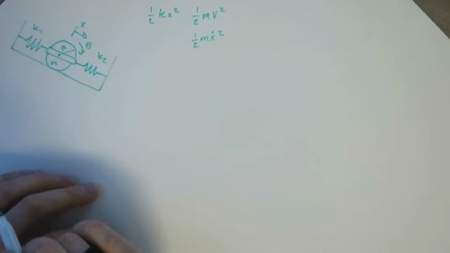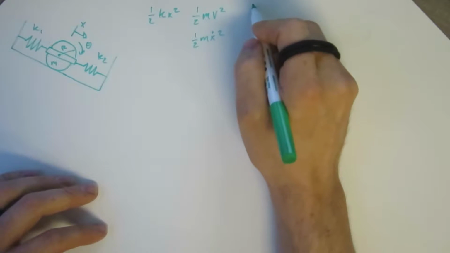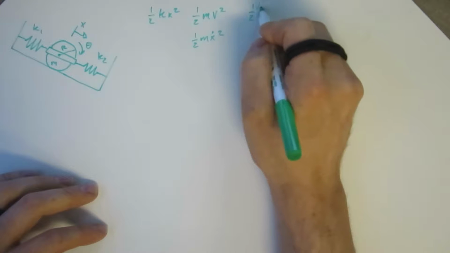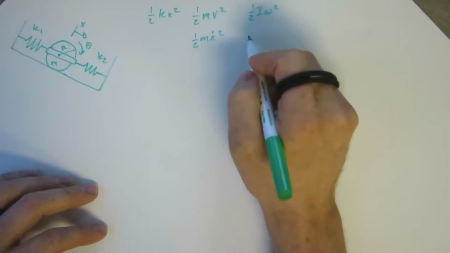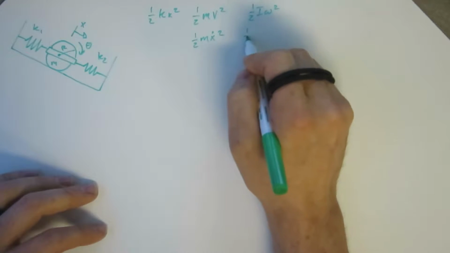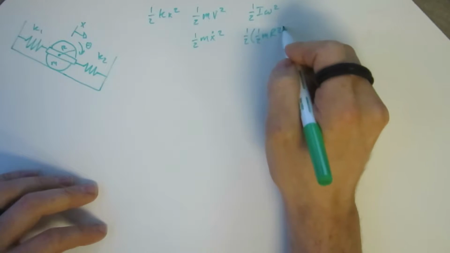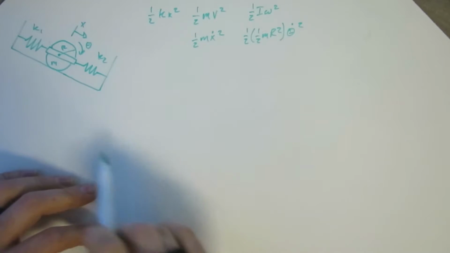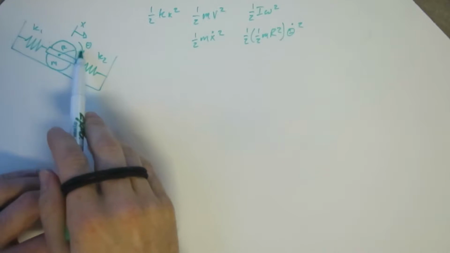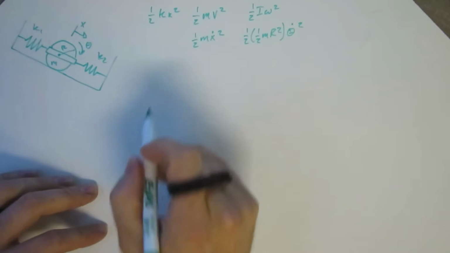And then the energy of a rotating body is 1/2 I omega squared. For us, the inertia is 1/2 mr squared, so we have 1/2 times 1/2 mr squared, and omega squared is the same thing as theta dot squared. And here you can see x and theta defined. So we'll sum all the energies, set it equal to 0, and find our equations of motion.